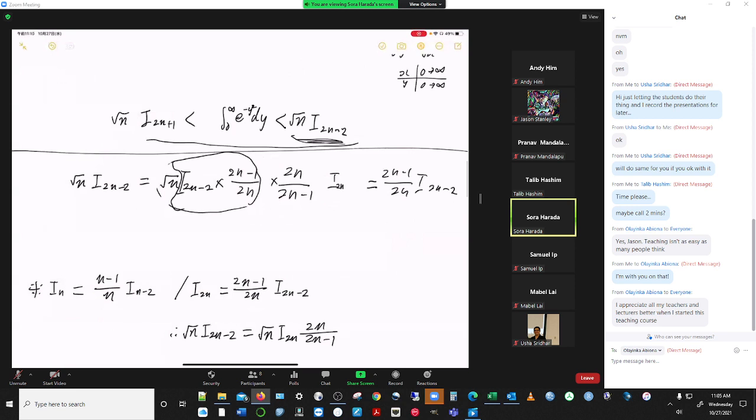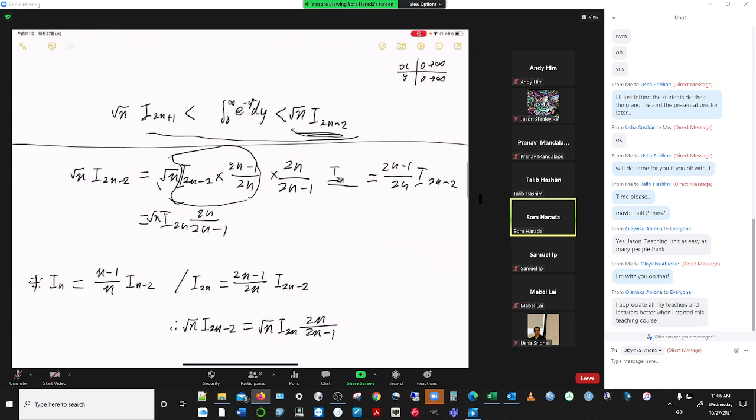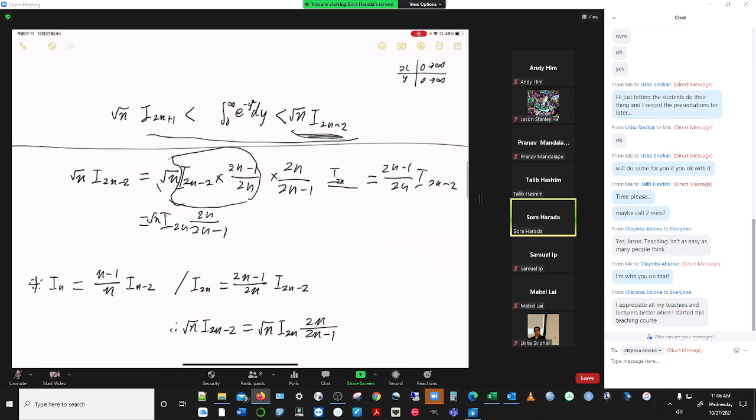So I can just substitute in I 2n here to make it look more pretty. I 2n, 1, 2n minus 1.